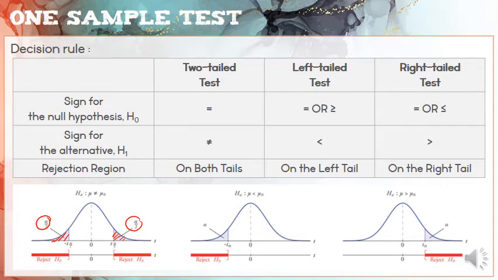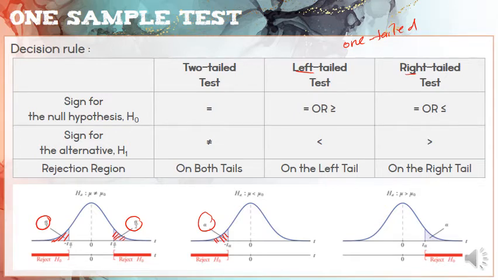But bila you ada one tail test, tak kisahlah one tail ni sama ada dia left tail or right tail, dia hanya one-sided. Kalau left tail, critical region dia berada di sebelah kiri. And kalau awak perasan dekat sini, nanti nak cari critical value guna alpha, bukan alpha over 2.